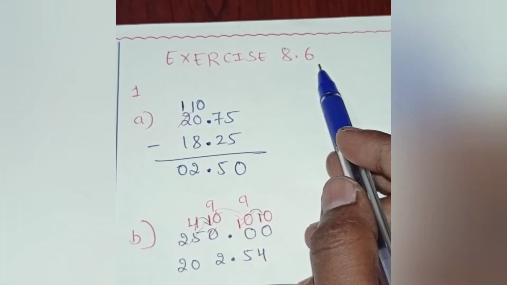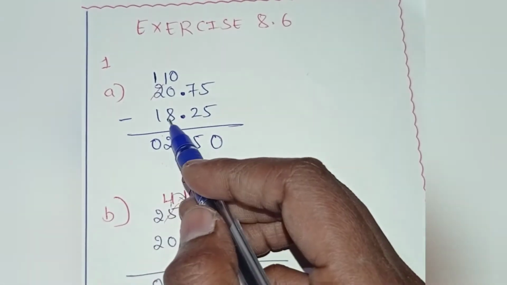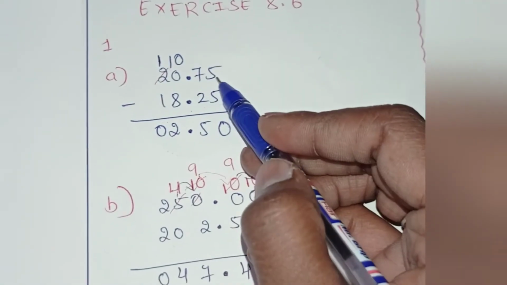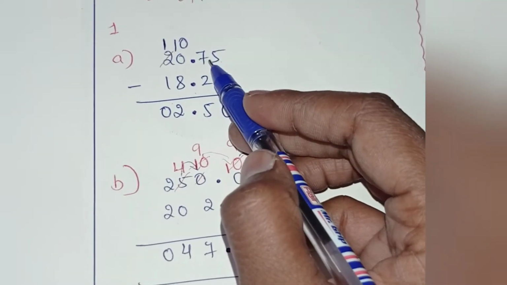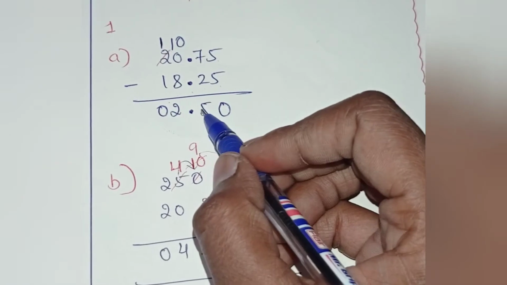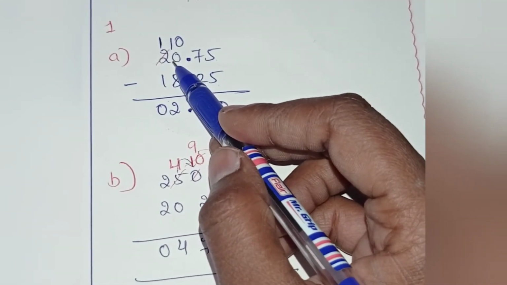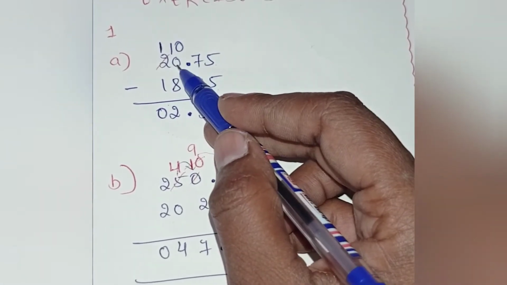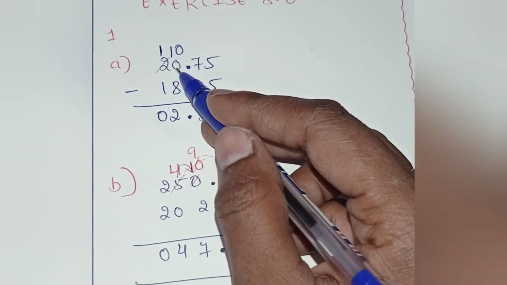Exercise 8.6. 20.75 minus 18.25, right? So here 5 minus 5 will be equal to 0, right, children? So 7 minus 2 will be equal to how much, children? Yes, 5. Decimal point as it is. Here I have 0. If I have 0, can we subtract 8 from 0, children? No, right? That's why I borrow 1 from 2.